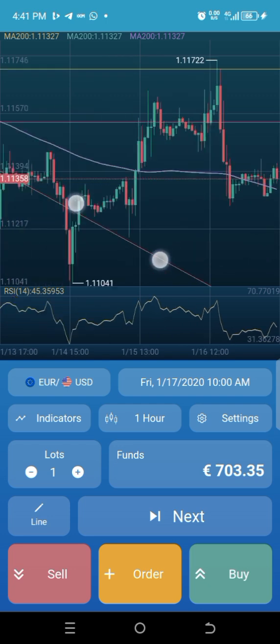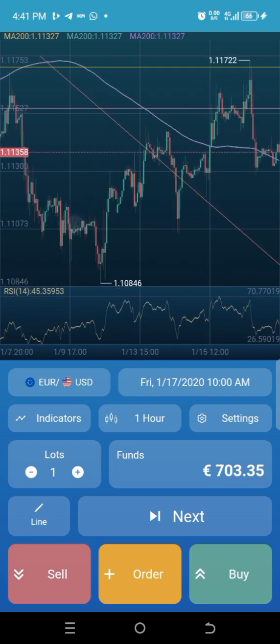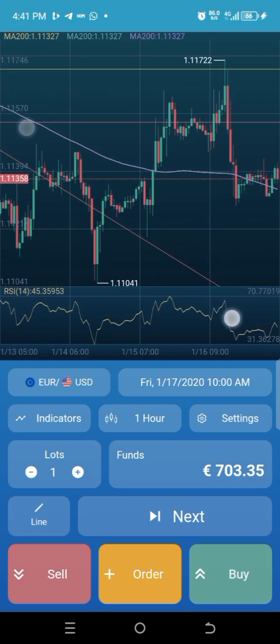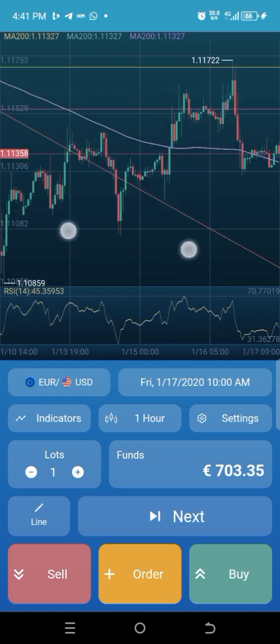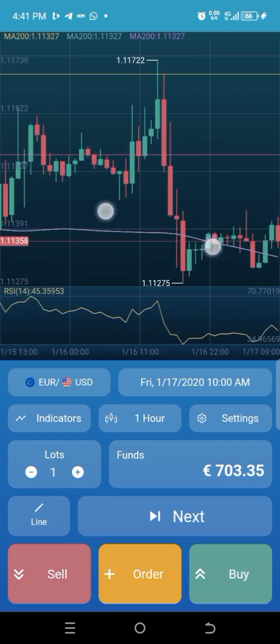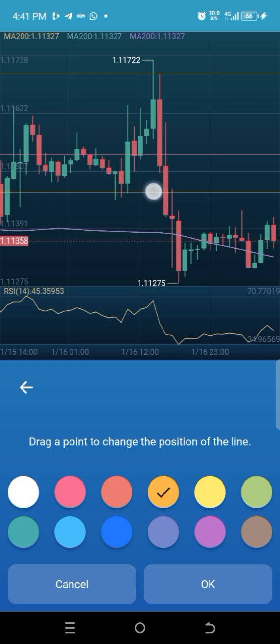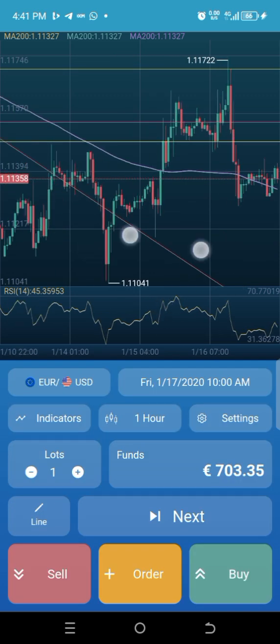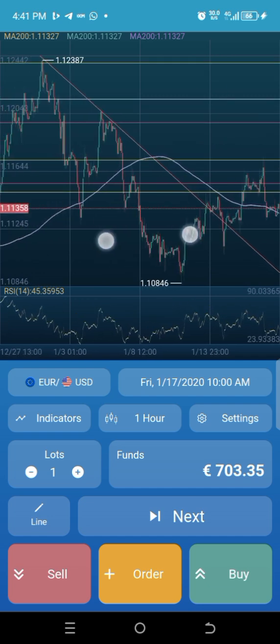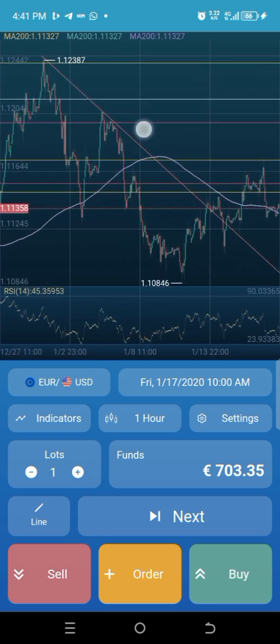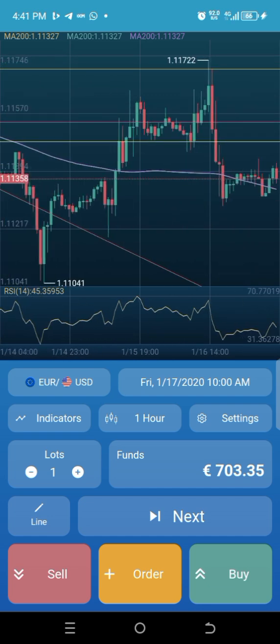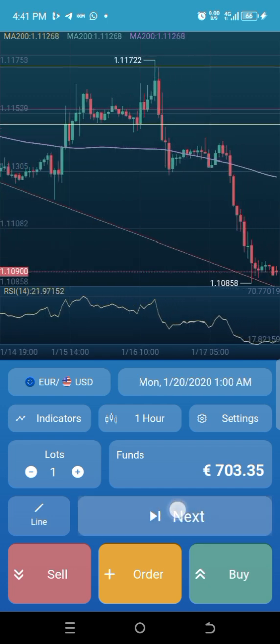It appears too far from this area, so you can enter, but I wouldn't enter here. It's risky. Even if you enter, the stop loss would be above here, like around here. Let's play it out, but I'm not going to enter because I want to stick to the rules of the strategy. It's played. Let's see if it will hit our stop loss.